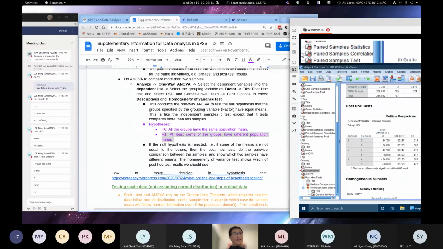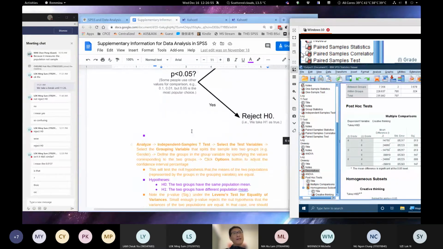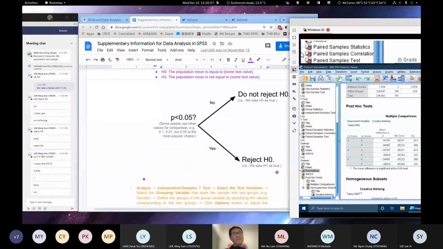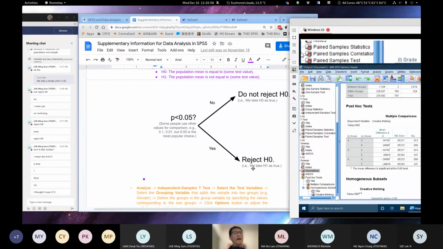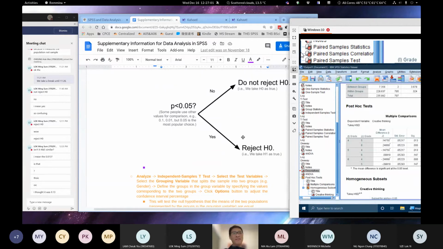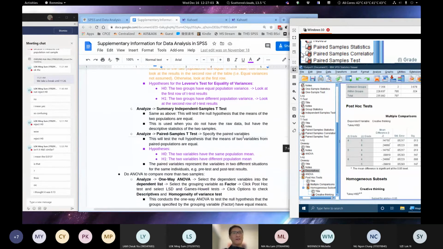Every time we do this kind of test, remember I say the equal sign is always in the null hypothesis, and the unequal or anything else is always in the alternative hypothesis. If the p-value is smaller than 0.05, it means that, oh, okay, it is 0.013.